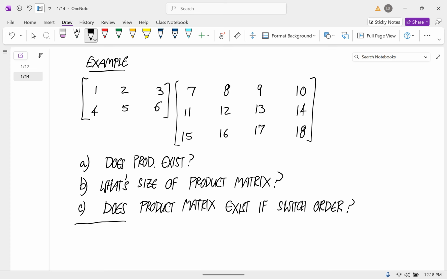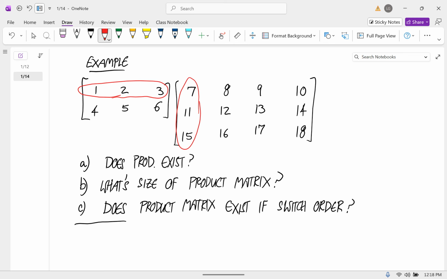Okay, so first, does this product exist? It does, right? Because the left one is 2 by 3 and the second is 3 by 4. To me, the way to think about it is just think about one of these dot products. We're always going to take a dot product of a row on the left with a column on the right, and the question is just, do those have the same size?